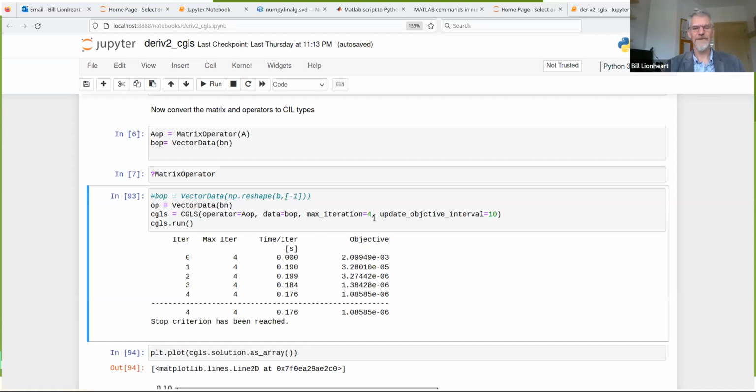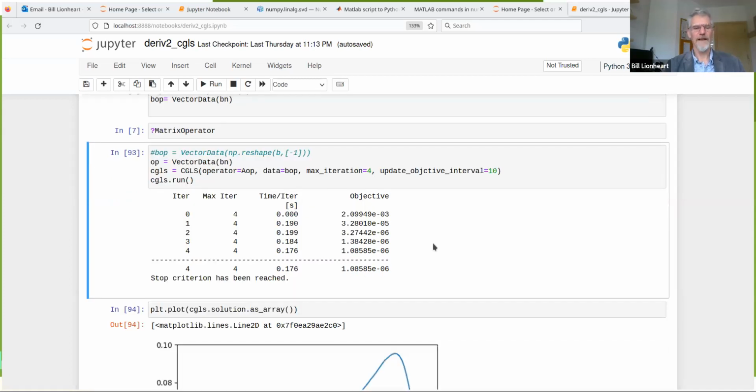And so there are the iterations, and the objective function decreases very, very quickly at first, 10 to the minus 3 to 10 to the minus 5. And then it's not really decreasing that much. And that's the point, because it's ill-posed, you don't want to overfit it.